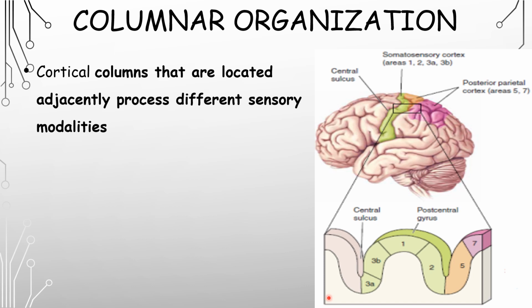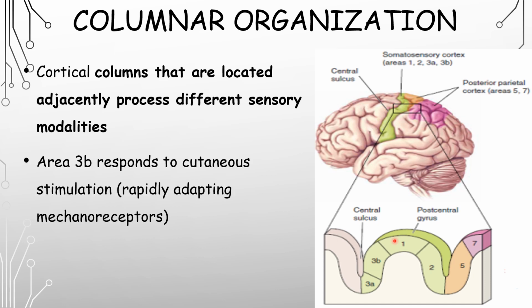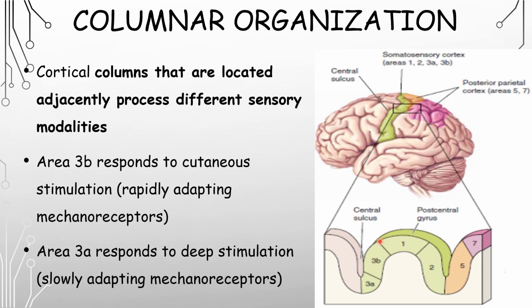Columnar organization. The cortical columns that are located adjacently process different sensory modalities, as we have seen. Area 3B responds to cutaneous stimulation. These two respond to rapidly adapting mechanoreceptors, and 3A responds to deep stimulation, that is slowly adapting mechanoreceptors.